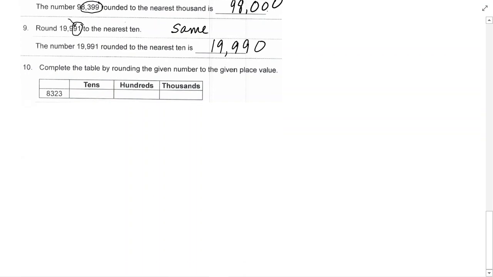Okay, last one. We're going to take the number 8323 and we're going to round it 3 times. First, we're going to round it to the nearest 10. Well, the 3 tells us to leave it the same, and so it will be 8320.